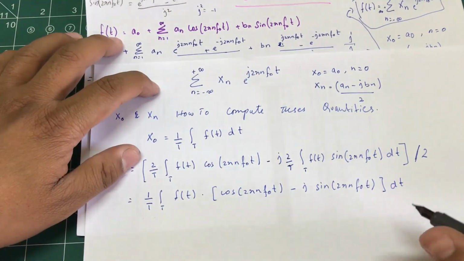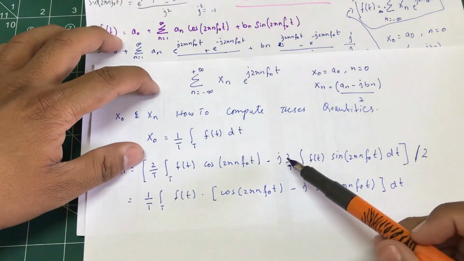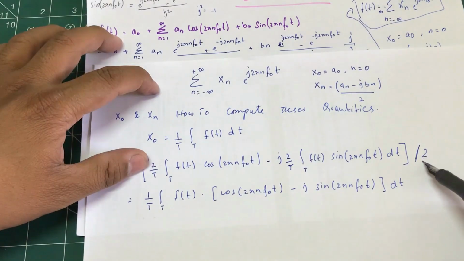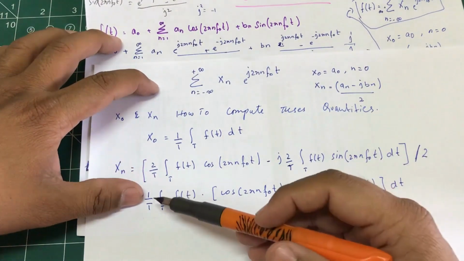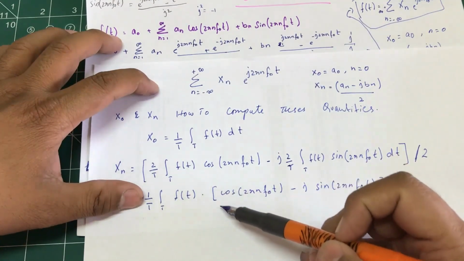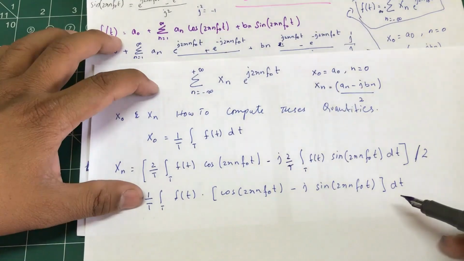Can y'all see this? What have I done here? When this whole thing is divided by 2, these 2's cancel out. So we took 1 over T as a common factor, and then f of t as a common factor, and this has become cos 2 pi n f naught t minus j sine 2 pi n f naught t dt.